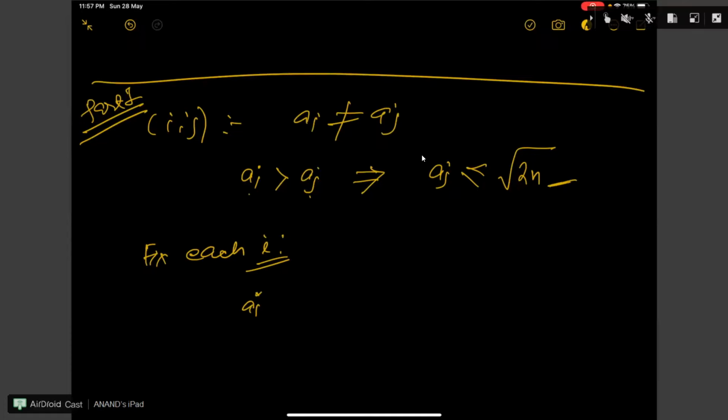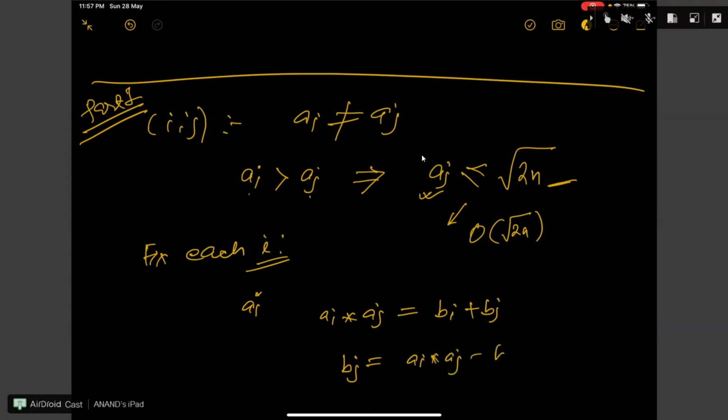Then we iterate over all the values of aj, right? The values of aj will be on the order of square root of 2n. So we will iterate for each possible aj from 1 to square root of 2n. If ai and aj are fixed, then ai times aj has to be equal to bi plus bj. So your bj will be ai times aj minus bi.